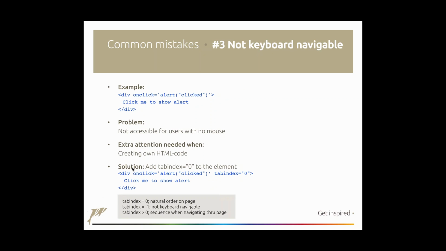Another big issue is leaving the normal HTML structure. In this example, I give you the code of a container div, and I want to make it clickable. Normally if I want to make something clickable, I will use a link, but I want to be stubborn, so I've created a container div and added a little piece of JavaScript code on it, which says that if I click with the mouse on it, it says clicked.